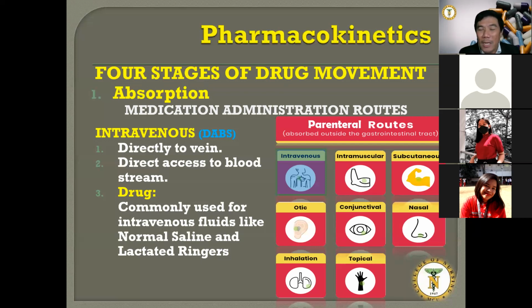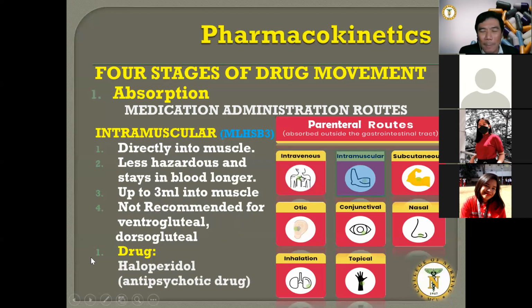They are administered directly through the blood vessel into the bloodstream. If a drug is intravenous, it will immediately have a higher peak concentration level and peak time because it reaches the bloodstream, the plasma, directly.